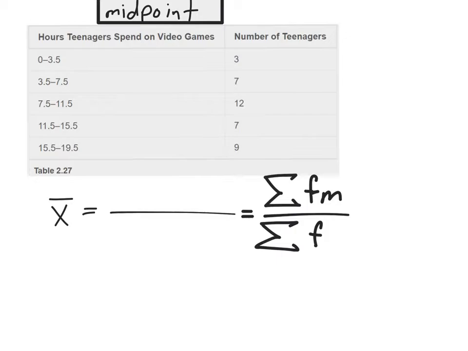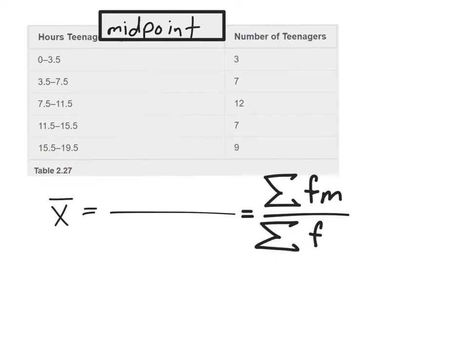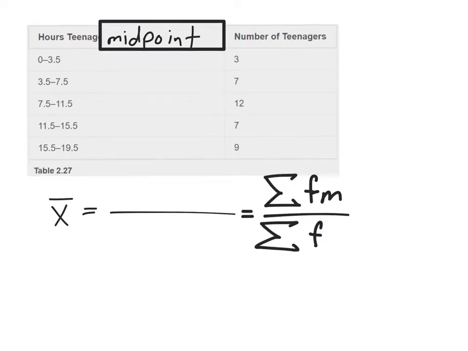All I have is intervals, 0 to 3.5, 3.5 to 7.5, but I don't know what any of those actual data pieces are. So rather than add up the data pieces that I don't have, I'm going to find the midpoint of each of them. I'm going to add a column right in here, and I'm going to find the midpoint in each of them, and find the sum of those midpoints instead.